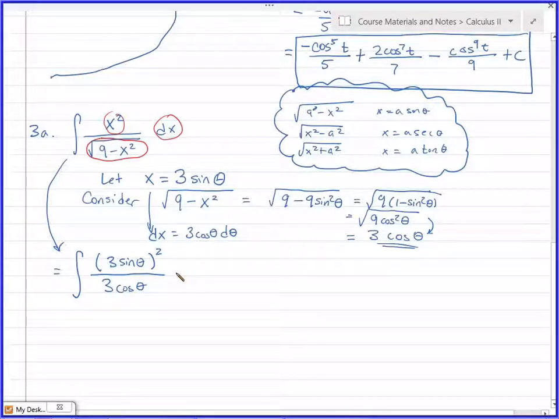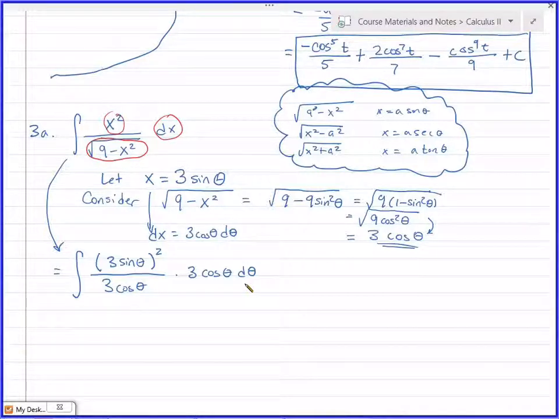And then dx is 3 cosine theta d theta. You'll see the 3 cosine and 3 cosine cancel.